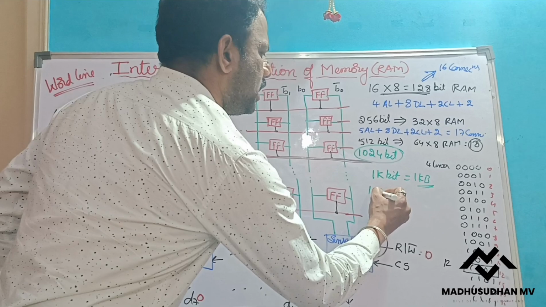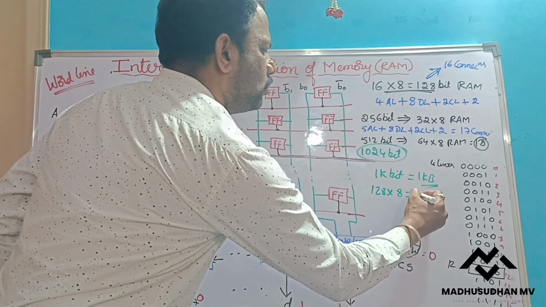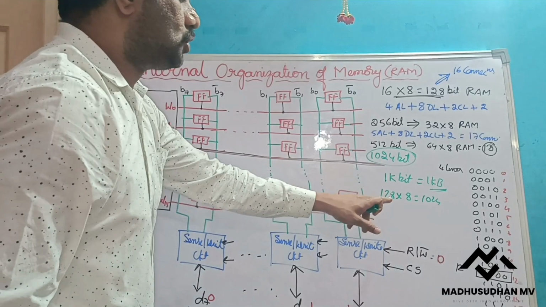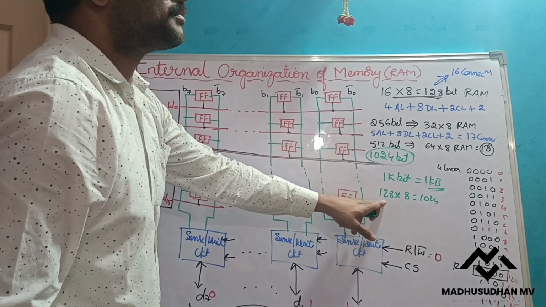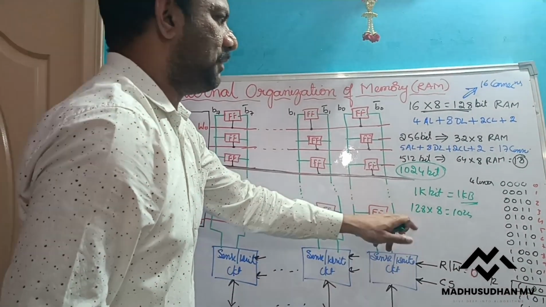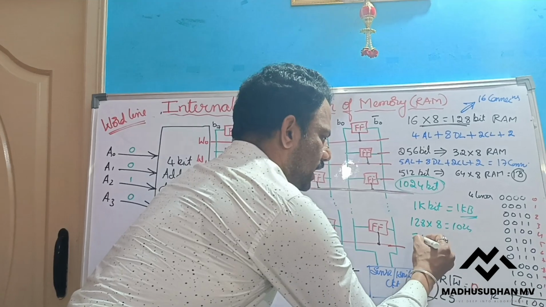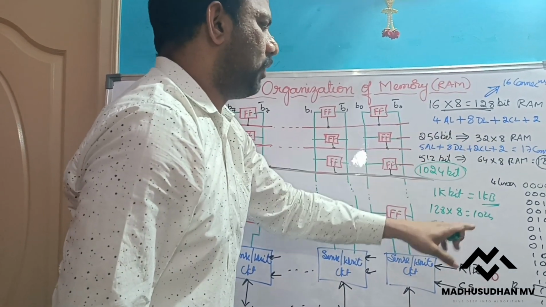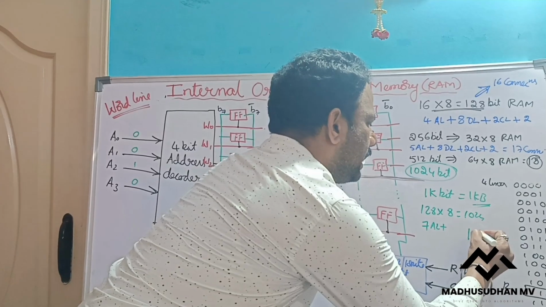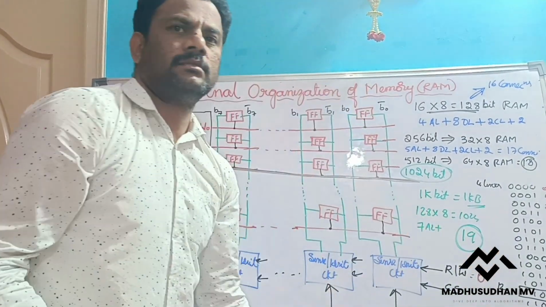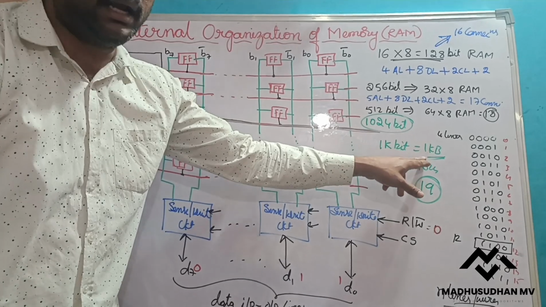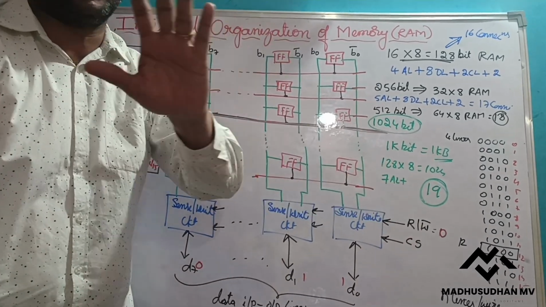So 128 into 8 is equal to 1024. For 128 words I get 7 address lines, plus 8 data lines, plus the common 2 control lines and 2 power lines. So 12 plus 7, 19 connections. In order to make a 1 KB RAM, I need 19 connections.